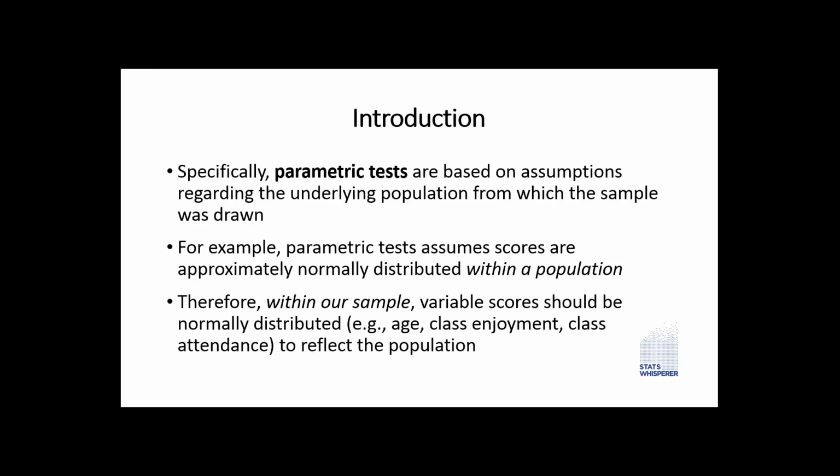So within our sample, we would need to have our continuous variables have normally distributed scores so it reflects what is assumed to exist within the population. So age, for example. Age in the population has a normal distribution of scores, so within our sample, there should also be a normal distribution of age scores, to match.